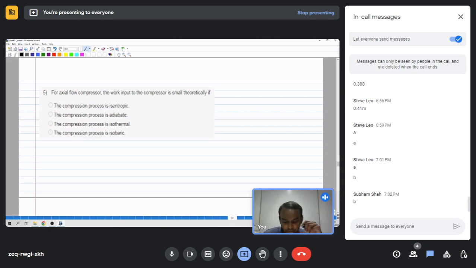For an axial flow compressor, the work input to the compressor is small theoretically if the compression process is isentropic, adiabatic, isothermal, or isobaric.